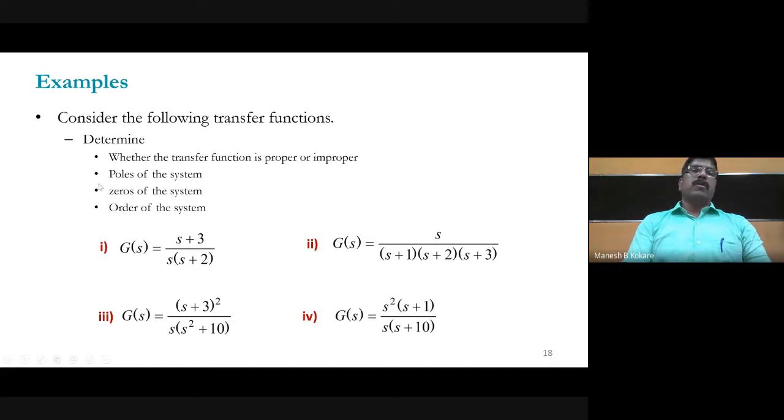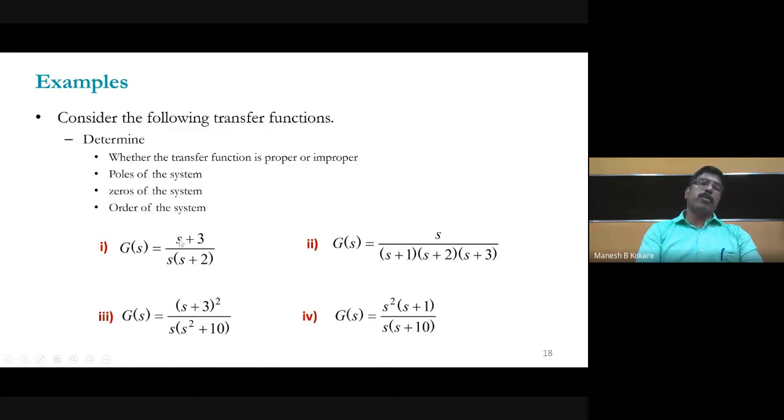Now consider the following transfer function and determine whether it is proper or improper, and also tell me the poles of the system, zeros of the system, and order of the system. As I told you, for a proper transfer function, the power of the denominator must be greater than the power of the numerator.